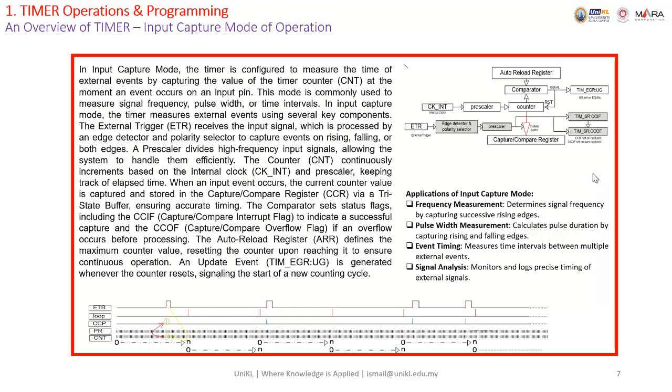Whenever it rolls over, we can increase the external counts. For example, let's say we have the clock that counts from 0 up to 100. Each time we reach 100, we roll over to 0, then 100, roll over to 0, and so on.